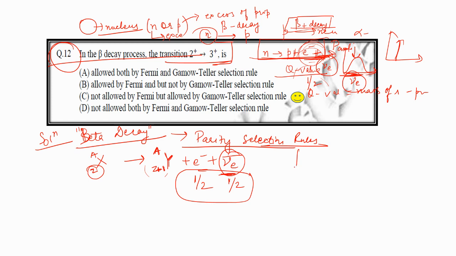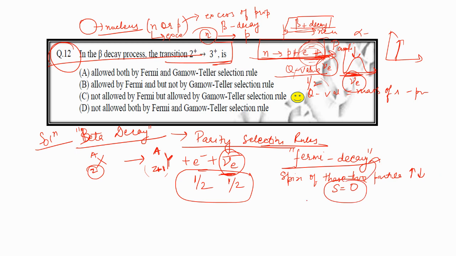So for Fermi decay, when the spins of these two particles are anti-parallel, that means S is zero, then we have Fermi decay.